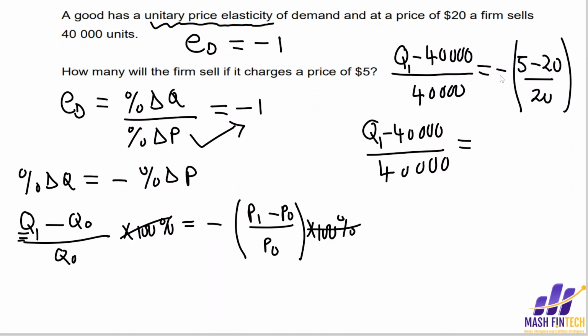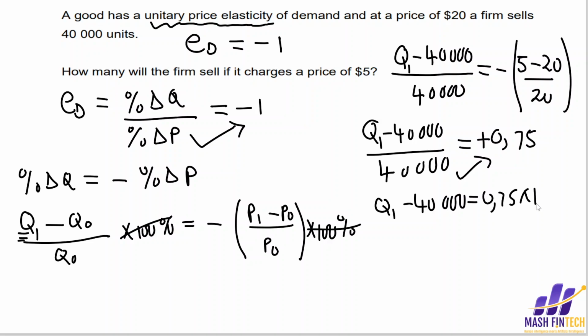So the answer we must get here has to be a plus 0.75. We then cross multiply to say that Q1 minus 40,000 is equal to 0.75 times 40,000. 0.75, or 3/4 of 40,000, is 30,000.